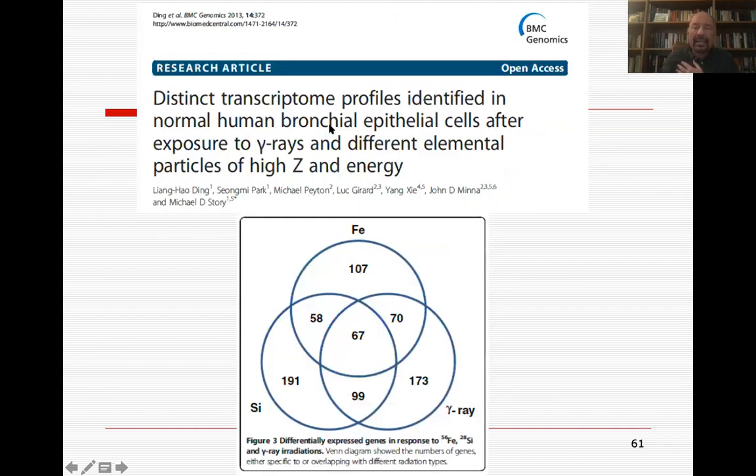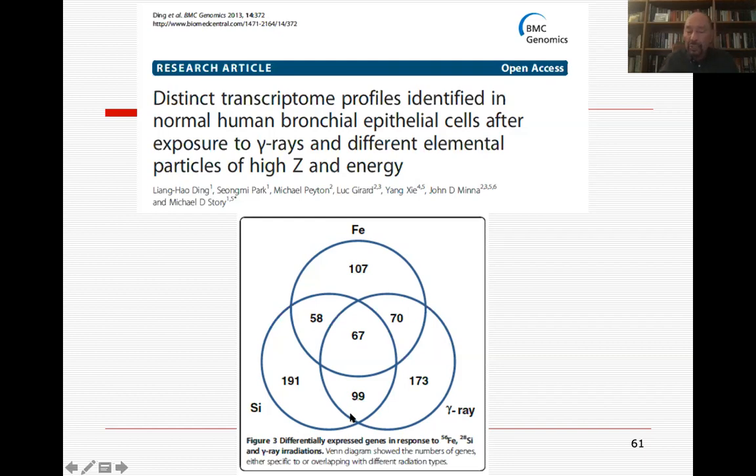And this is instead another paper showing, now these are cells, human bronchial epithelial cells that were irradiated with 3 different types of radiation: gamma rays, low LET; silicon, intermediate LET; iron, high LET. And they looked at the number of genes that were expressed after irradiation.